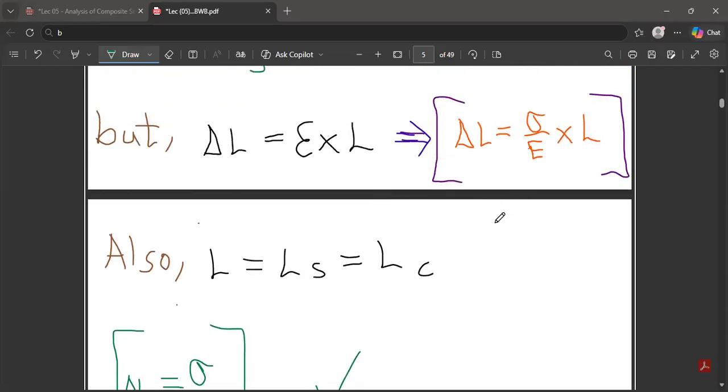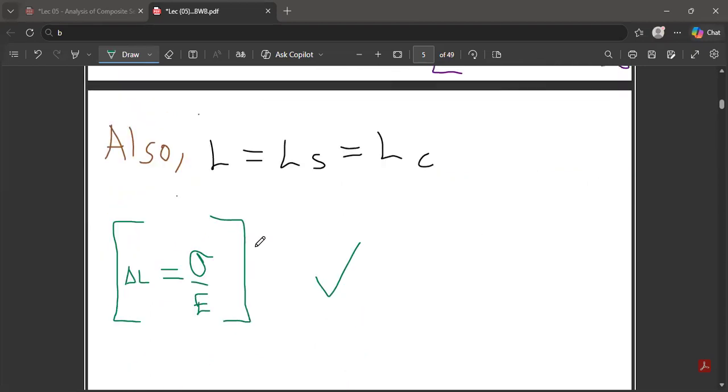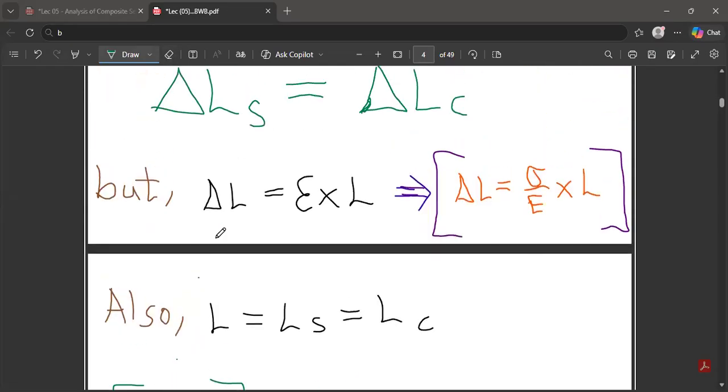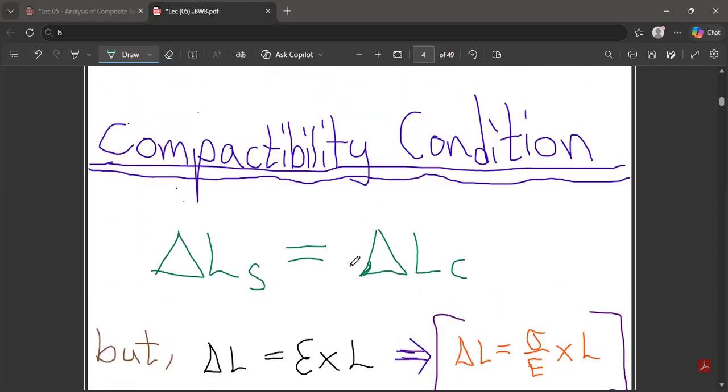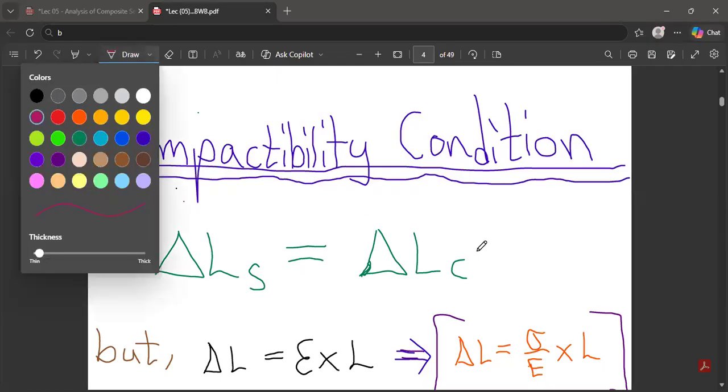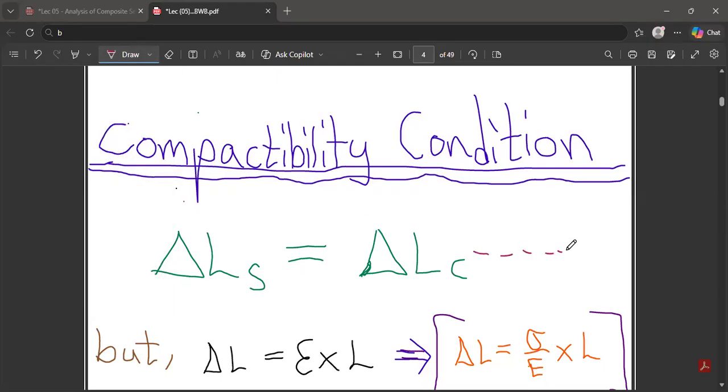They will cancel out. So at the end of the day, look at what is going to happen over here. Finally, we can substitute whatever we are saying in our compatibility condition, and we can denote this as our equation 3.